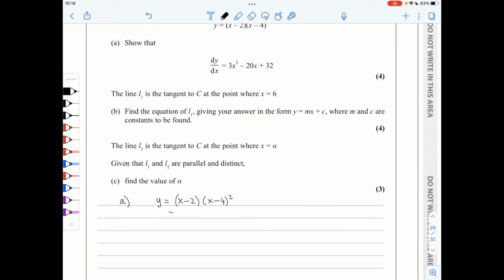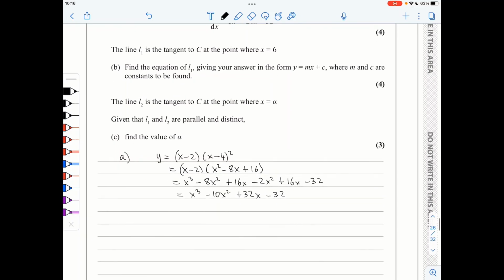I will expand the square to get (x minus 2)(x squared minus 8x plus 16), which is x cubed minus 8x squared plus 16x minus 2x squared plus 16x minus 32, which is x cubed minus 10x squared plus 32x minus 32.